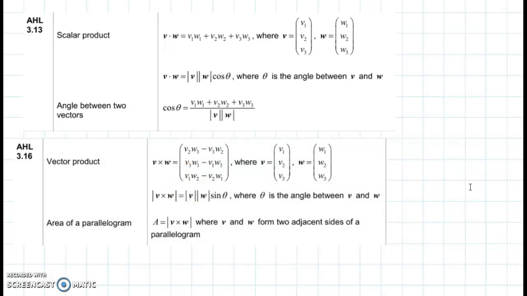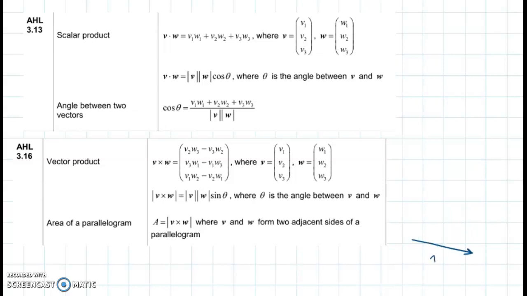About the vector product, as promised, we have the definition. We have also this important property we were working with right now related to the sine of the angle between the vectors. And we have also one more property that we have not used yet, about the length of the cross product of V and W being equal to the area of the parallelogram that has V and W as adjacent sides.